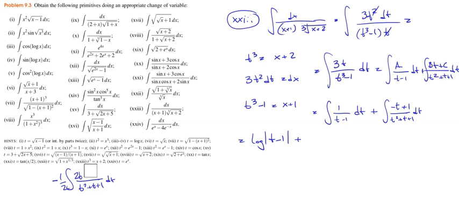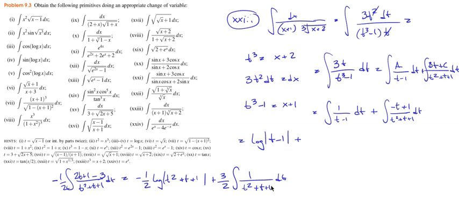Let me write it here, correct. 2t plus 1 minus 3, right? So now we have minus 1/2 of the primitive of this, which is the logarithm of t squared plus t plus 1, right? And then we have plus 3 over 2, 1 over t squared plus t plus 1 dt.